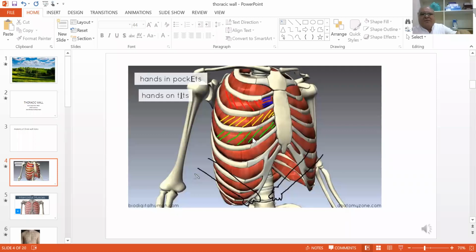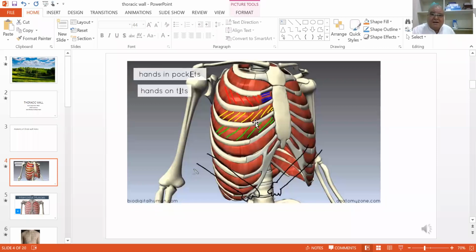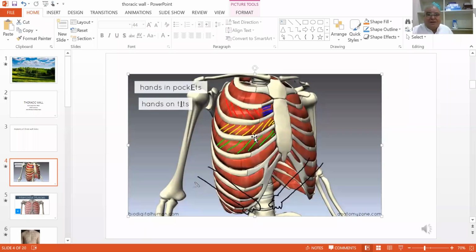The innermost has three different names: subcostal, transversus thoracis, and innermost. But the important thing here is that, of the external intercostal and internal intercostal, the vessels run between the middle and the inner one, not between the external and internal, but between the internal and the innermost layer of the subcostal muscles.